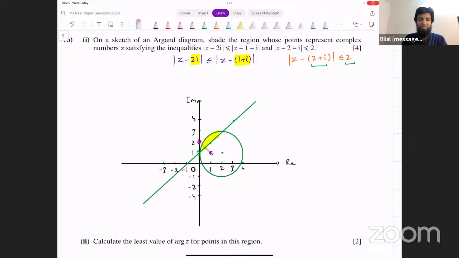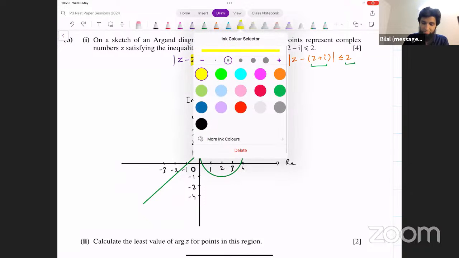You have to be inside the circle and above the perpendicular bisector. This is the region that satisfies both of those conditions, and that's what you would be shading there. Okay, that's your final result from this.